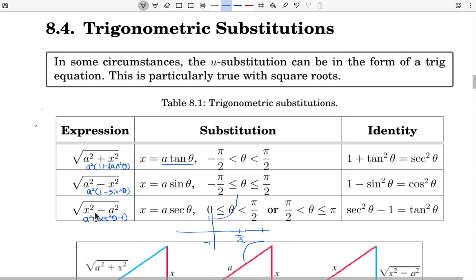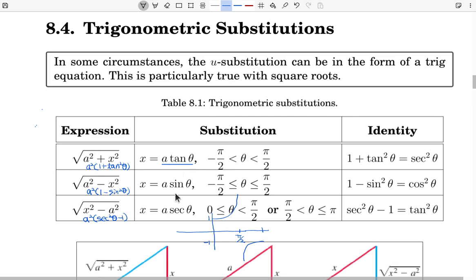Okay, let's look at one more time. We are using tangent theta, sine theta, and 1 over cosine. This one is used for all possible values.